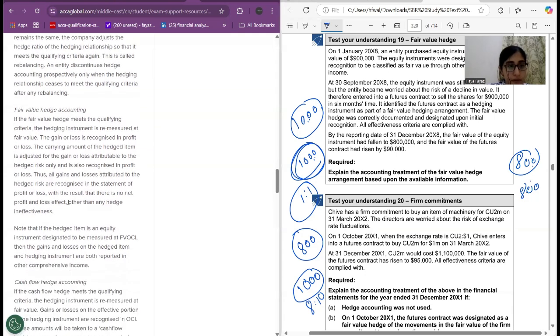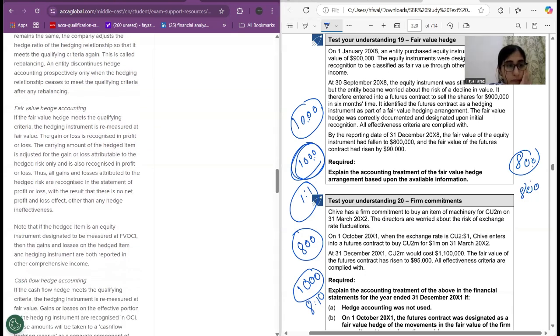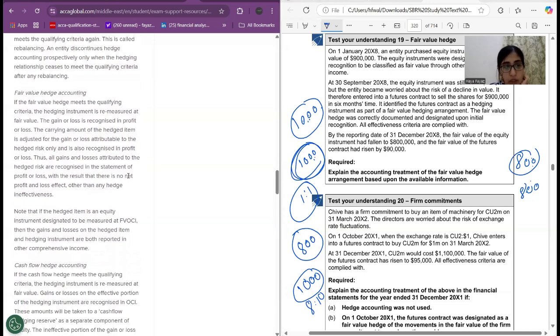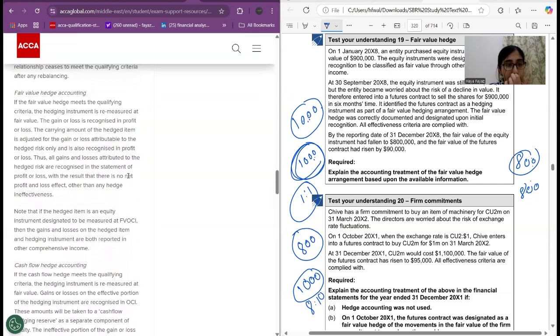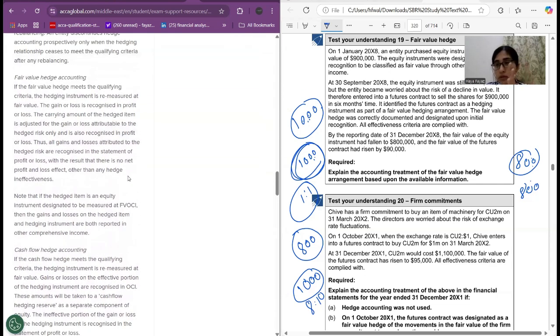Fair value hedge accounting: if the fair value hedge meets the qualifying criteria, the hedging instrument is remeasured at fair value. The gain or loss is recognized in P&L. The carrying amount of the hedged item is adjusted for the gain or loss attributed. Anything associated to the gain and loss for that particular hedged item in P&L, the hedging instrument, the derivative contract, the gains and losses will also be recognized in P&L.